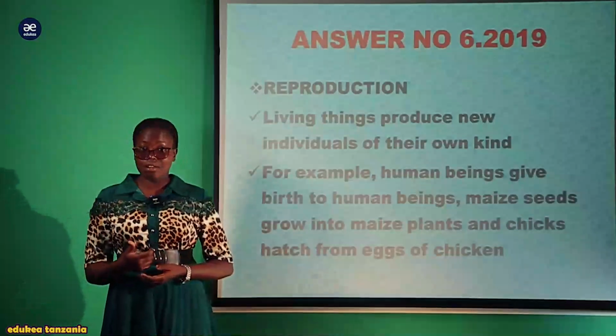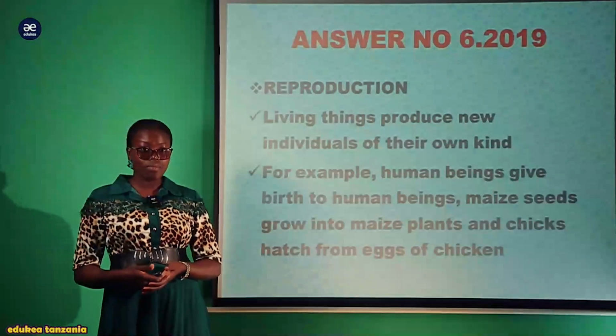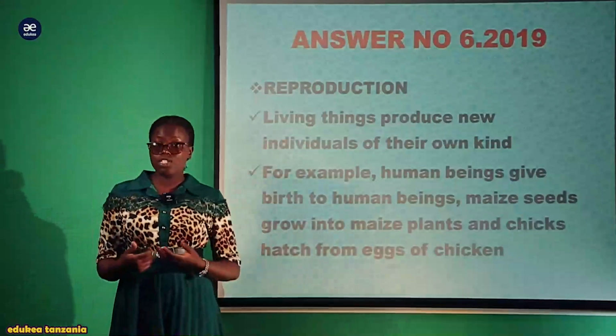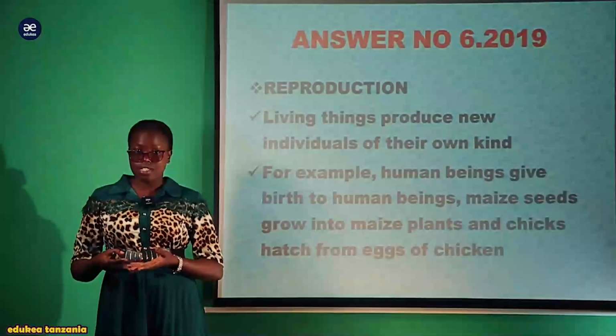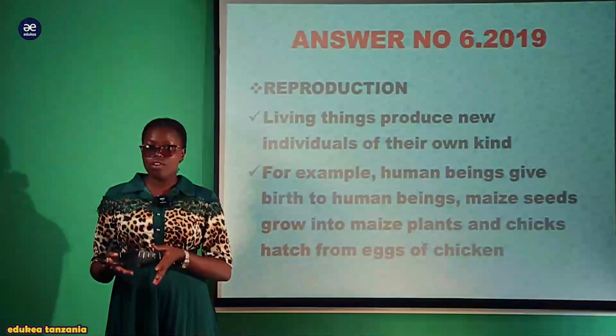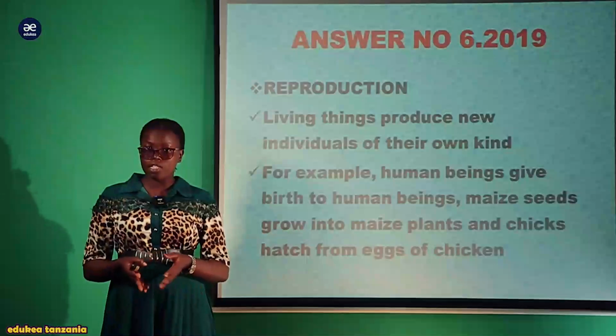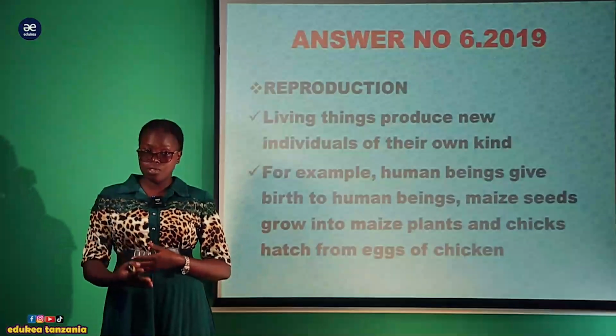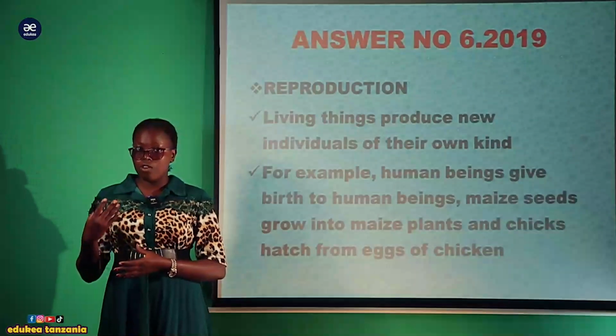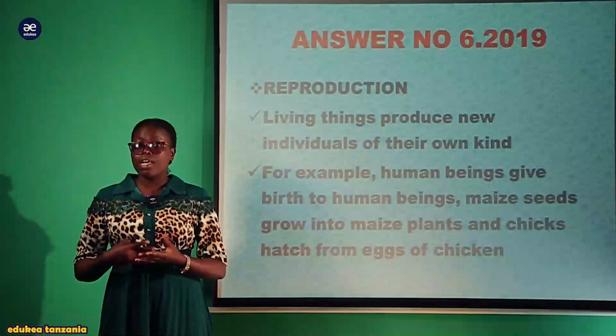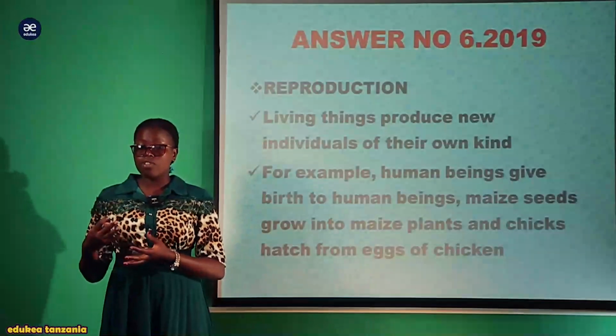Another characteristic is reproduction, kuzaliana. In reproduction, we have two kinds: sexual and asexual reproduction. The sexual one involves the mating of parents of different sex, of the same species, so as to produce fertile offspring. The asexual one involves only a single parent.